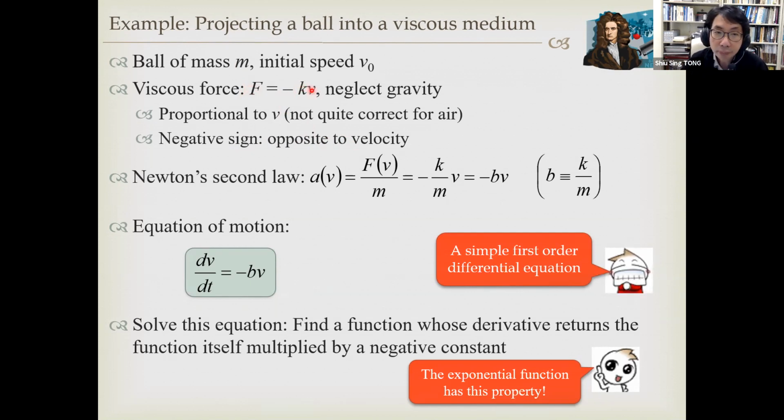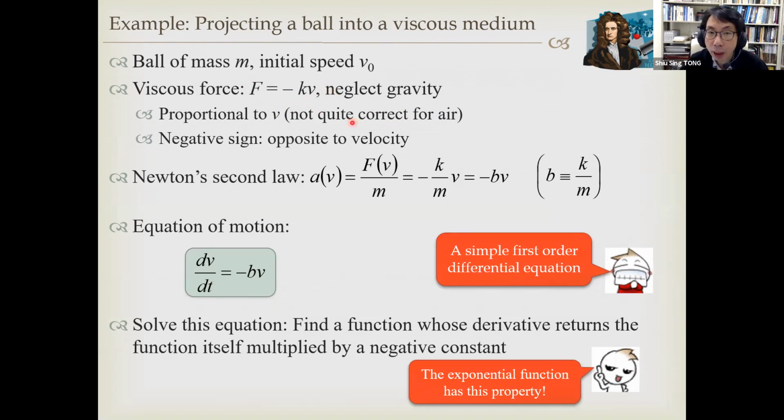Okay. Now we emphasize that this is only a simplest model. We assume the F and V are proportional to each other, and this is not quite correct for air. Later we will study air resistance, and we will find that for a large object moving sufficiently fast in air, the drag force or the air resistance is not exactly proportional to V, but a better approximation would be V squared.